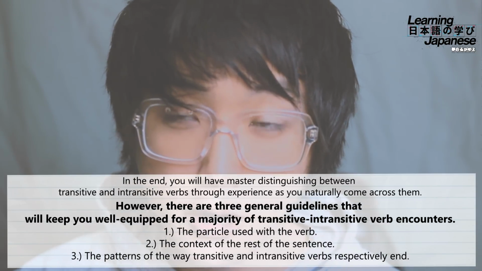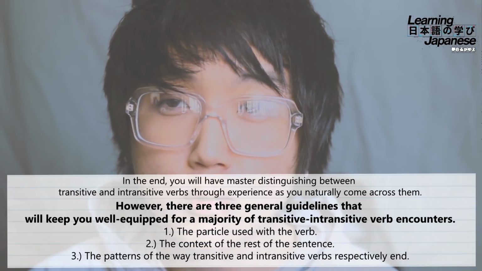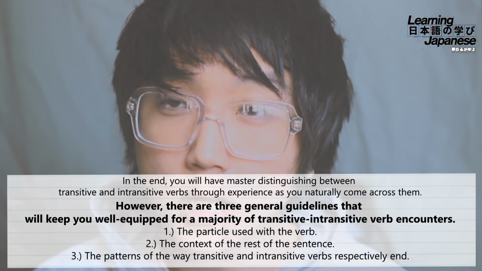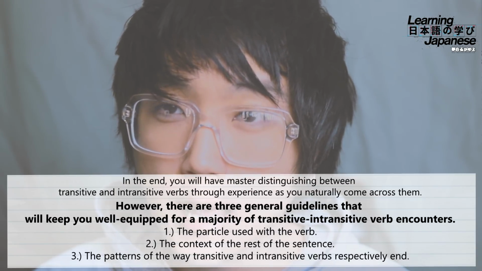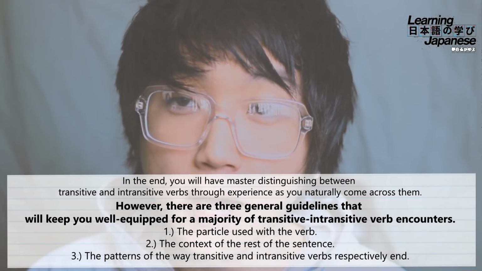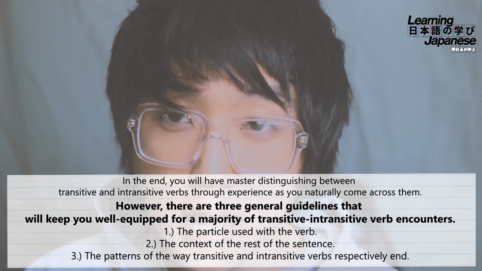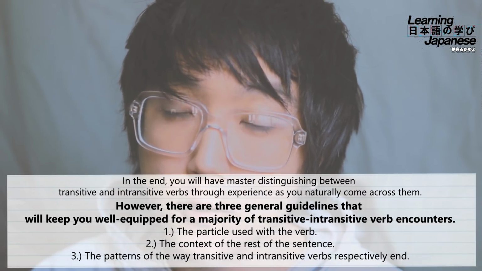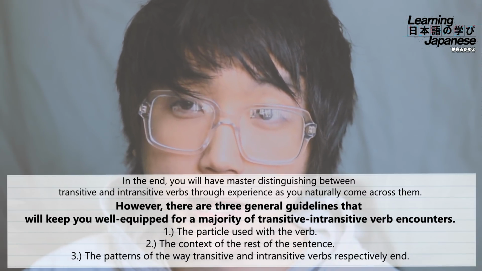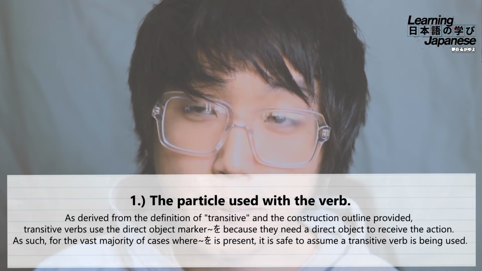So the 3 things that are going to help you most are: 1, the particle that is used with the verb; 2, the context of the rest of the sentence that the verb is used in; and 3, the patterns of the way the words end, like what characters they end in. And like I said at the beginning of this video, we're going to save that third one for part 2 because it's going to be quite lengthy. But let's go ahead and jump right into the first one, the particle usage.